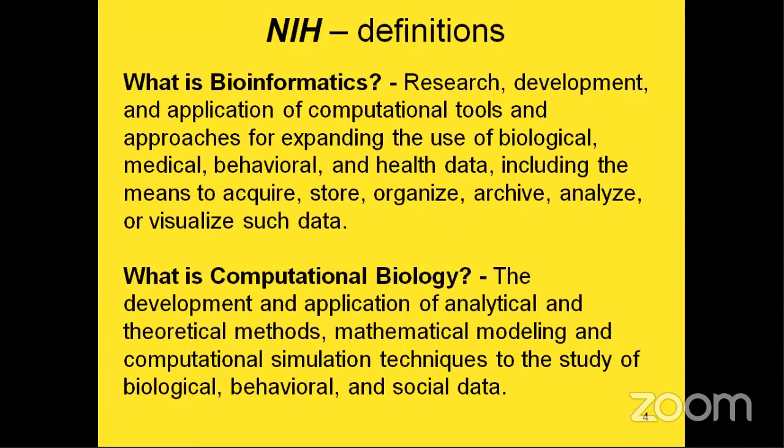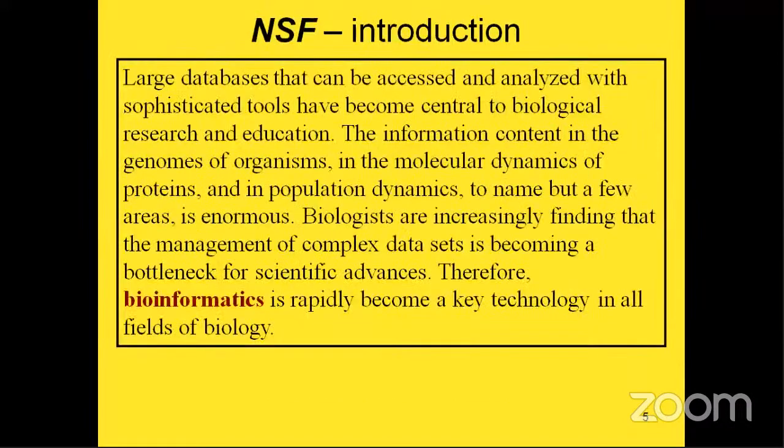Computational biology depends on the application of the tools to analyze various types of biological problems. The science of bioinformatics and computational biology generally go hand in hand, and it is basically about solving biological problems, whatever the problem may be.